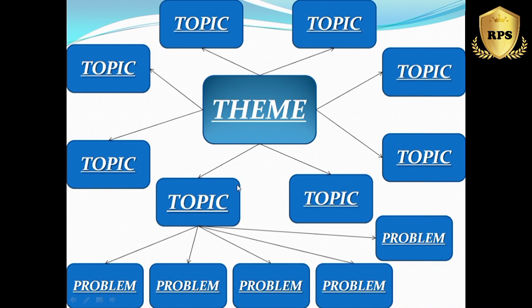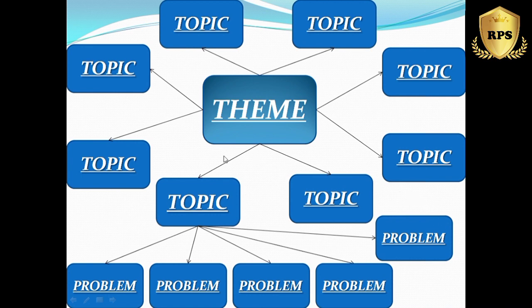It is not so easy that you can take any topic and say we have started the project cycle. So let me show you. This is a theme, a main theme, like agriculture or anything else. Then this theme can consist of many topics. In agriculture there will be irrigation, fertilizers, seeds, many things.